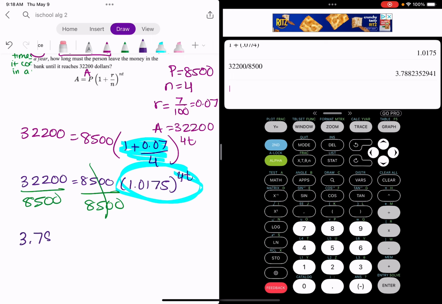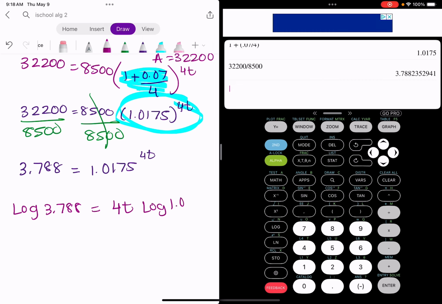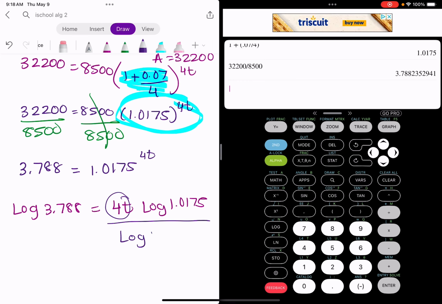So I get 3.788 equals 1.0175 to the power of 4t. Now I can take the log of both sides, right? So log of 3.788 equals, taking the shortcut, bringing the exponent forward, 1.0175. So I'm going to now, I want the 4t by itself. So I'm going to divide by log of 1.0175 on both sides.